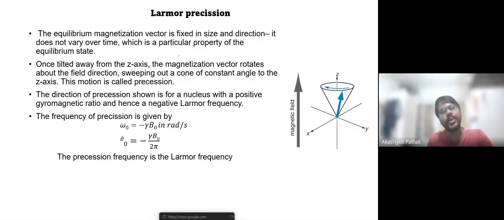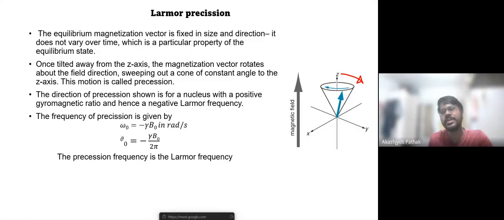But when you apply an external magnetic field, this magnetization vector gets tilted away from the z-axis, and it rotates about the field direction, sweeping out a cone of constant angle to the z-axis.